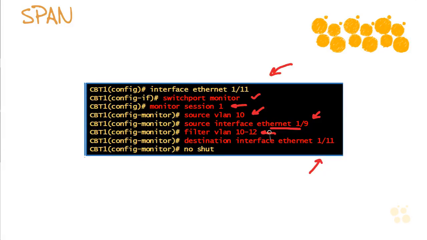So I could say, I want information just from VLANs 10 through 12. Where are we dumping this? Where do we have a protocol analyzer, for example, ready to analyze this information? Well, we're dumping it to Ethernet 1/11, as you know. We no shut this particular SPAN session.